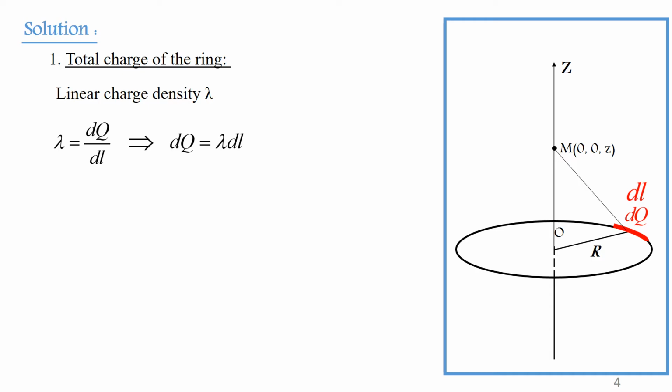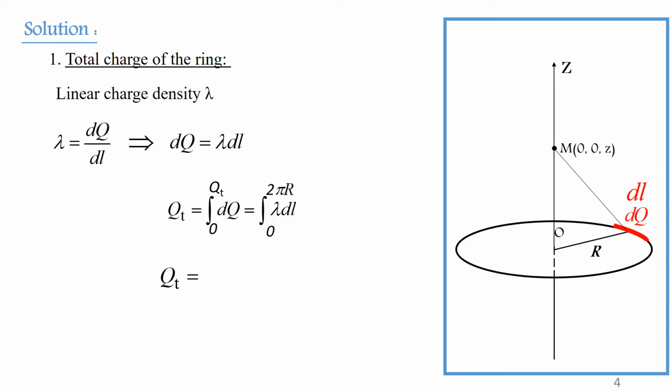For total charge, now it's the continuous summation of dq, and the continuous summation is an integral. Here in our integral, the differential element is dl, so l goes from 0 to 2 pi r, I mean the total circumference of the circle.